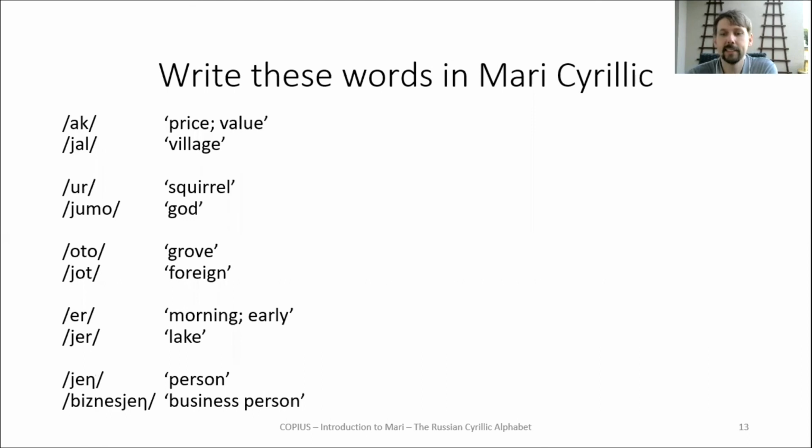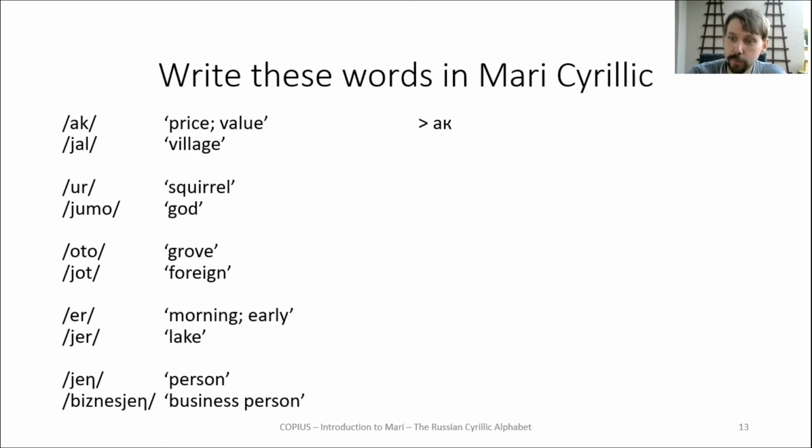Okay, and for the last thing, let's look at a few pairs of words. If we have the word ak, price, value, we spell this just ak, 2 letters. If we have the word yal, village, resist the temptation to write this with 3 letters.